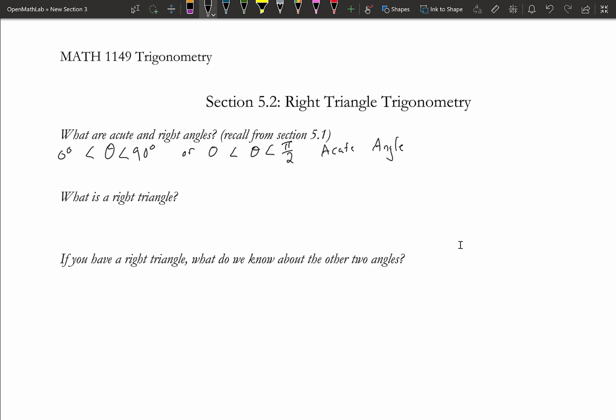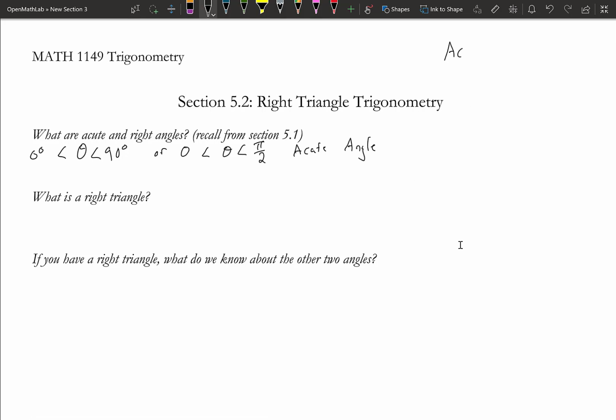And acute angles are in quadrant 1, and that's if they're in standard position.